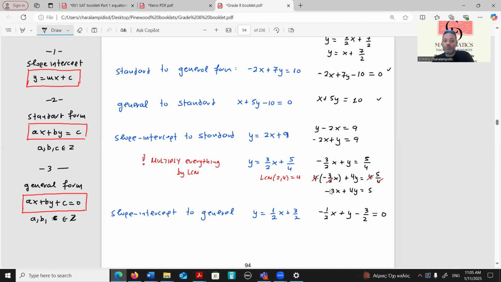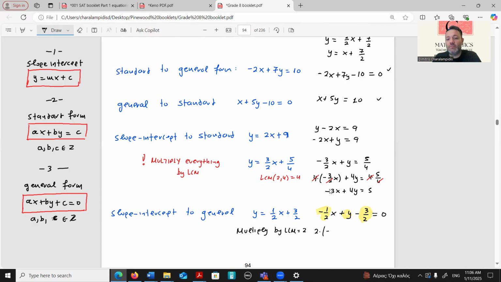Why not? Because I want the coefficients as well. In this case, minus 1/2, 1, let me highlight them, minus 1/2, 1 and minus 3 over 2, I want them to be whole numbers. What should I do? The trick is multiply by the LCM, which is 2 in this case.